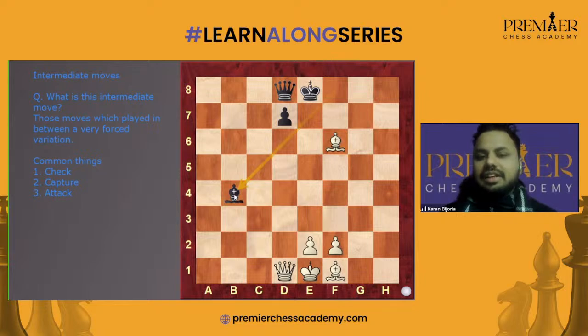And look here, we are giving a check, right? And this check is in the common things, the first thing. Now, how will white defend himself? Will he bring the bishop back? Okay, bring the bishop back. We will just capture it. Okay. Or will he bring the queen?